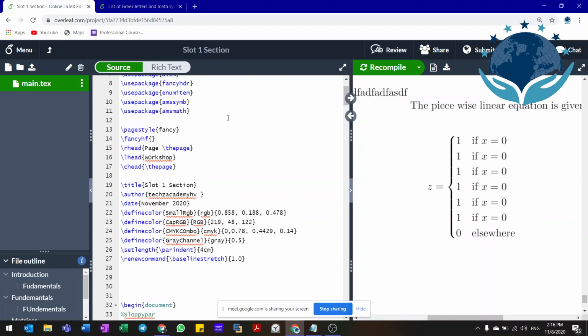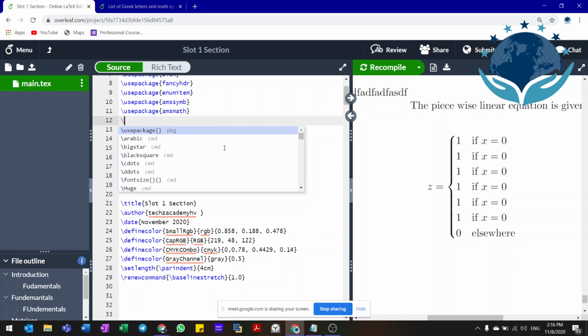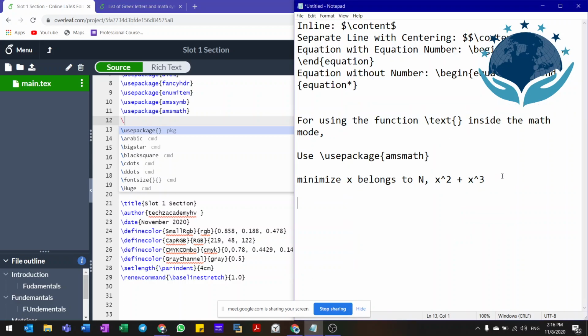For implementing abbreviations, you have to use the package called glossaries. Okay, you have to use the package called glossaries. I'll just type it: use package glossaries. Inside glossaries you might have a lot of things like synonyms and antonyms.